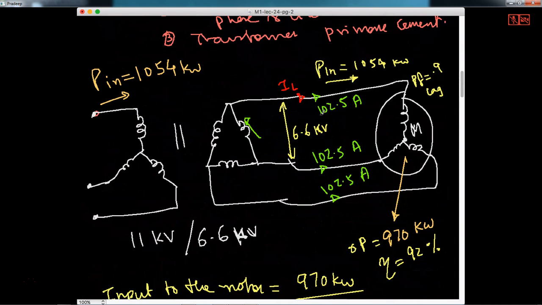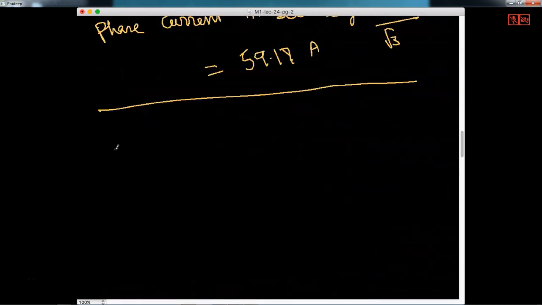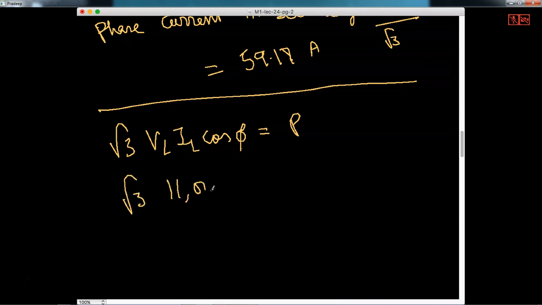So what is the line current in the primary? We have root 3 VL IL cos phi is equal to power. Now root 3 is the same. VL is now 11 kV or 11,000 volts. And then IL is unknown right now.